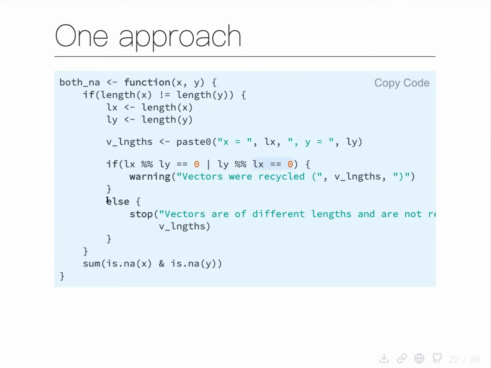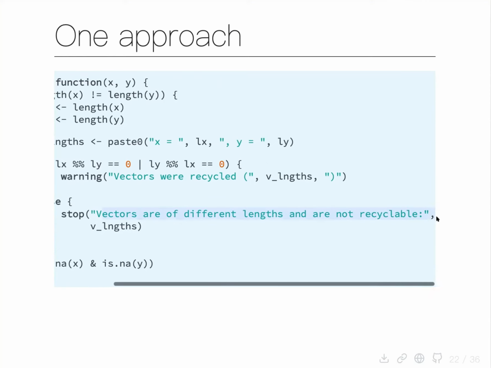Else, so if instead of this, and again, this should be up here. I'm not sure what's going on here. But so otherwise, if the lengths are not equal and this condition isn't met, then we're going to say stop. Vectors are of different lengths and are not recyclable. Okay. And then I state the vector length.